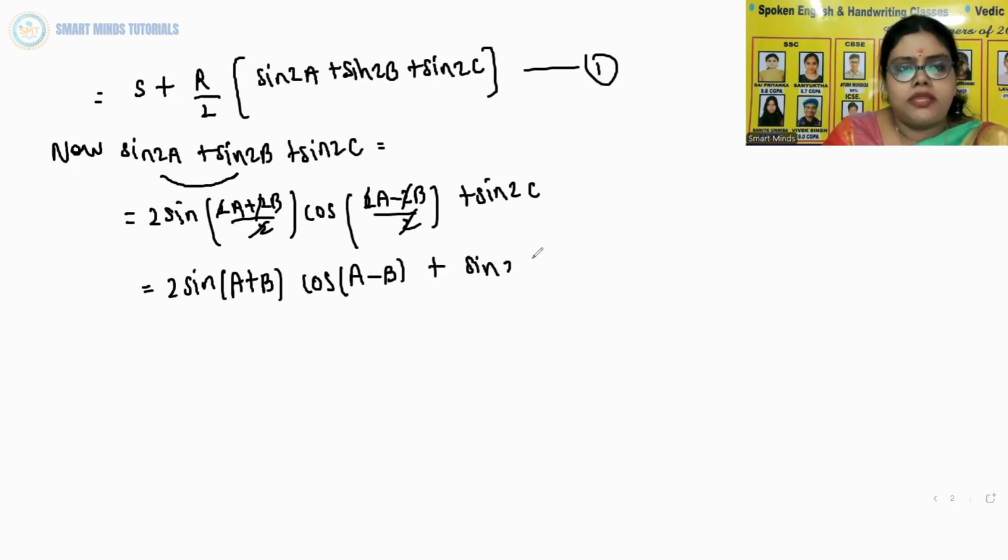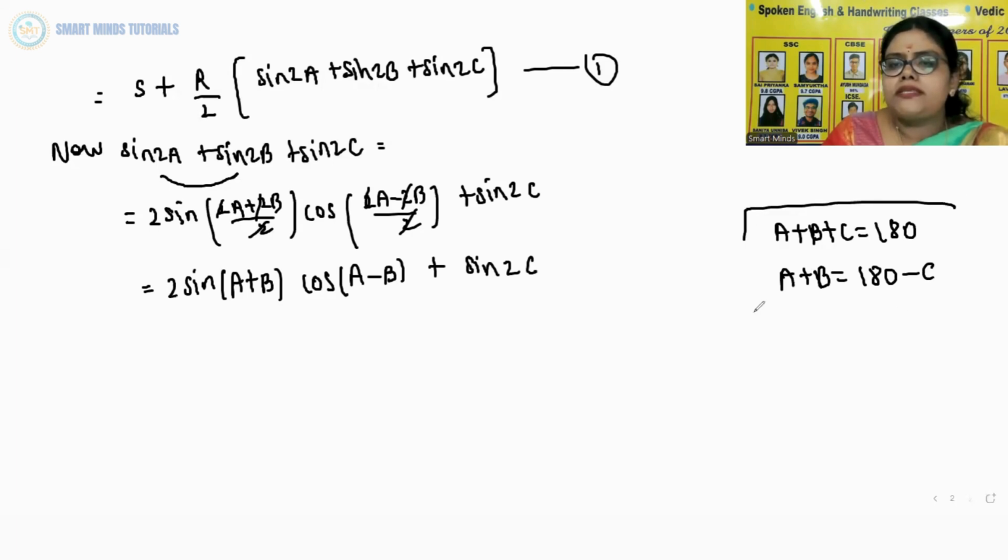plus sin 2C. Now in properties of triangles, we know that A plus B plus C is 180. So can I write A plus B as 180 minus C?